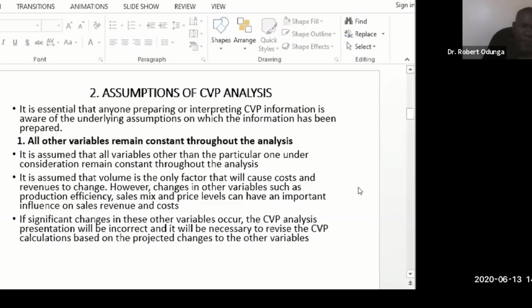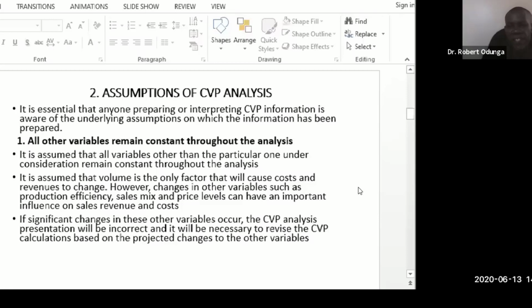So this is just a caution that if other variables, like production efficiency, change, then the model probably may not work, because we are supposed to focus on the output rather than the input.